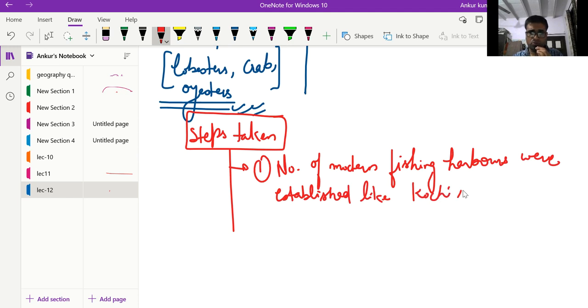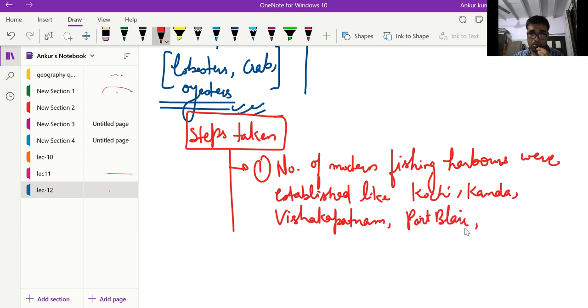You can remember few names: Kochi, Kandla, Visakhapatnam. Okay, you can remember Port Blair, Porbandar. Right. So these were the fishing harbors that were established.